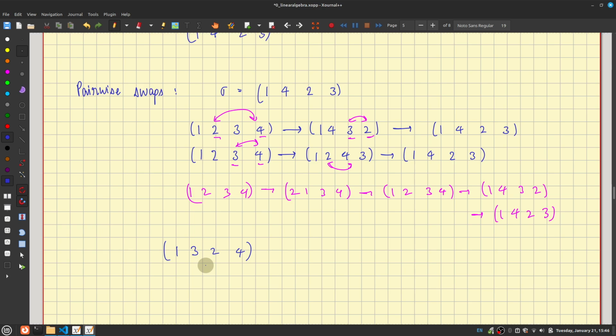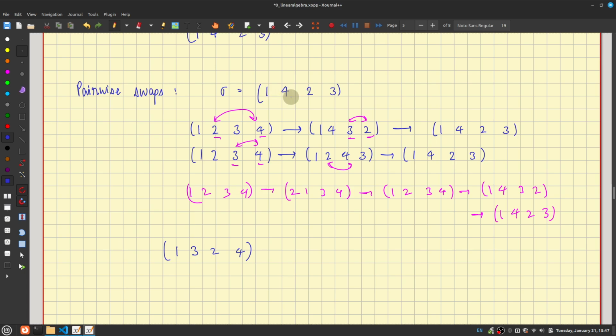Is there a way of going from 1, 2, 3, 4 to 1, 3, 2, 4 using two pairwise swaps? The answer is no. In fact, if you want to go from 1, 2, 3, 4 to 1, 3, 2, 4, you will always require an odd number of swaps. It's always going to be odd.